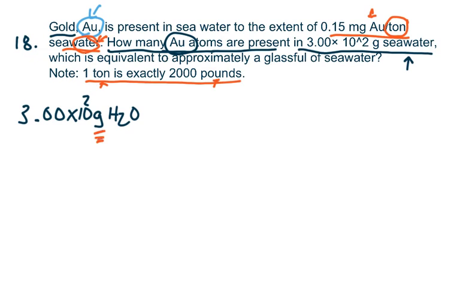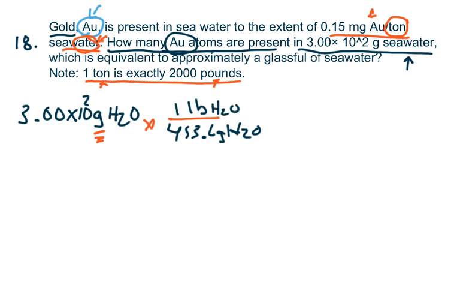So right now we're in grams, so we have to know there are 453.6 grams of water in 1 pound of water.